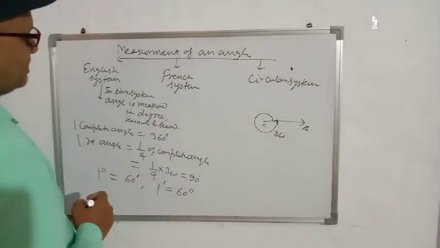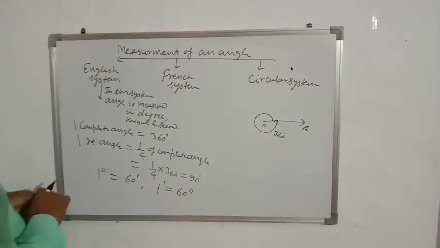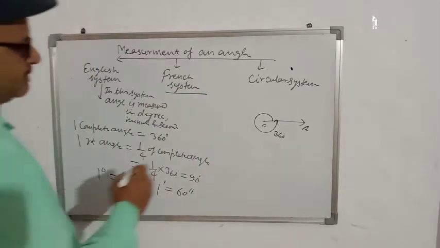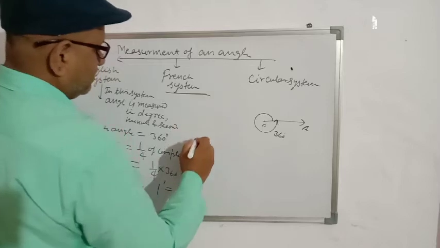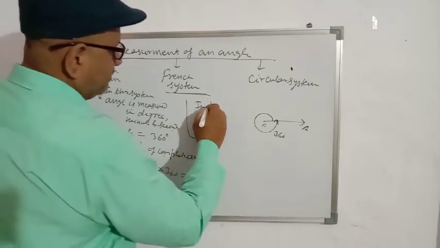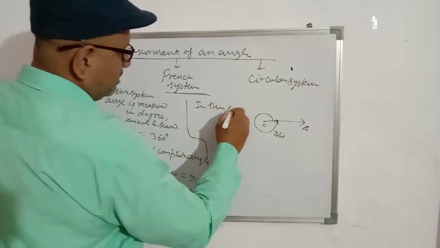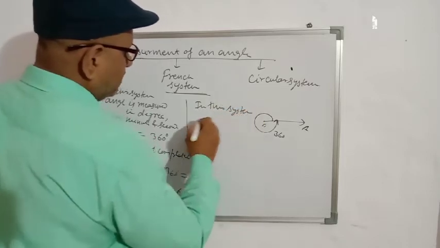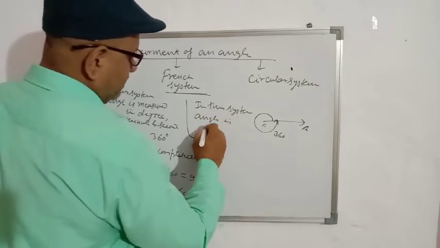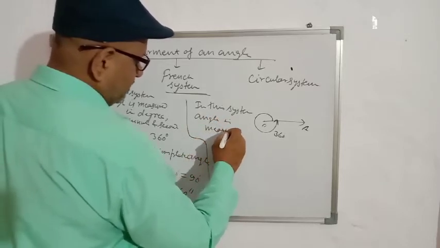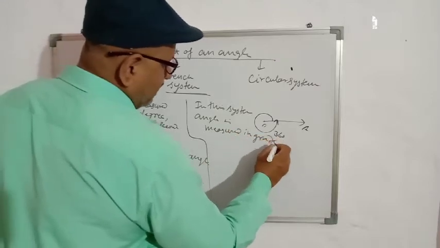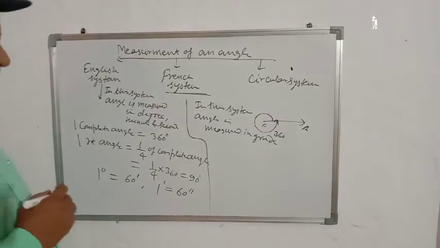Next is the French system. How can we measure in the French system? In this system, angle is measured in grade.